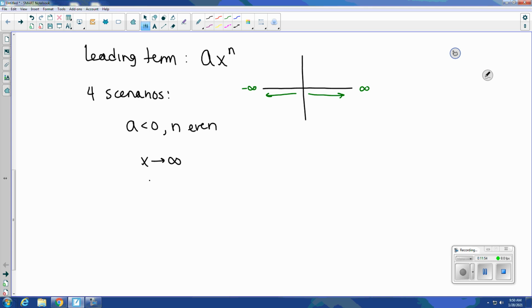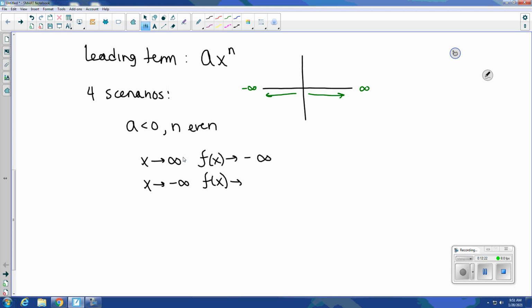So we know that the graph will head towards positive and negative infinity because of its domain. So imagine plugging in a value that goes towards infinity in the positive direction, raising it to an even exponent. We've already discussed that that should get larger in the positive direction. But if I multiply it by a negative number, the overall value will go towards negative infinity now. So it's going to just change the sign.